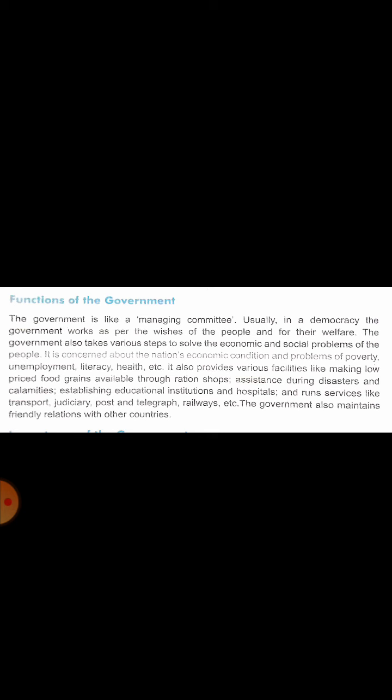The government also takes various steps to solve the economic and social problems of the people. It is the responsibility of the government to take various steps to solve the economic and social problems of the people, our financial matters or our social issues. That's the government's responsibility, to solve these types of issues.